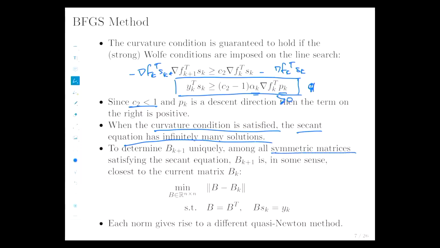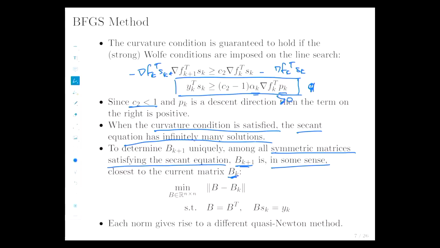Of all the symmetric matrices satisfying the second equation, and we don't need to worry about the positivity, we can always find something, they suggested finding the closest next approximation to the previous approximation in some sense.